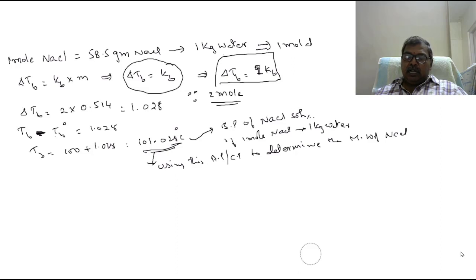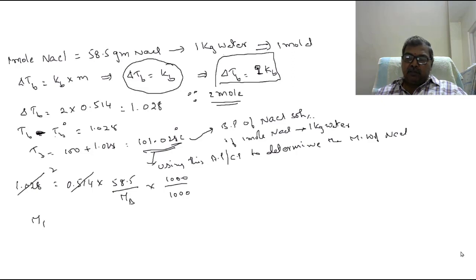See, delta Tb value is 1.028, Kb value 0.514, weight of the solute 58.5. We don't know the molecular weight of the solute, and the weight of the solvent is 1 kg. So the molecular weight of the solute is 58.5 over 2, 29.25.